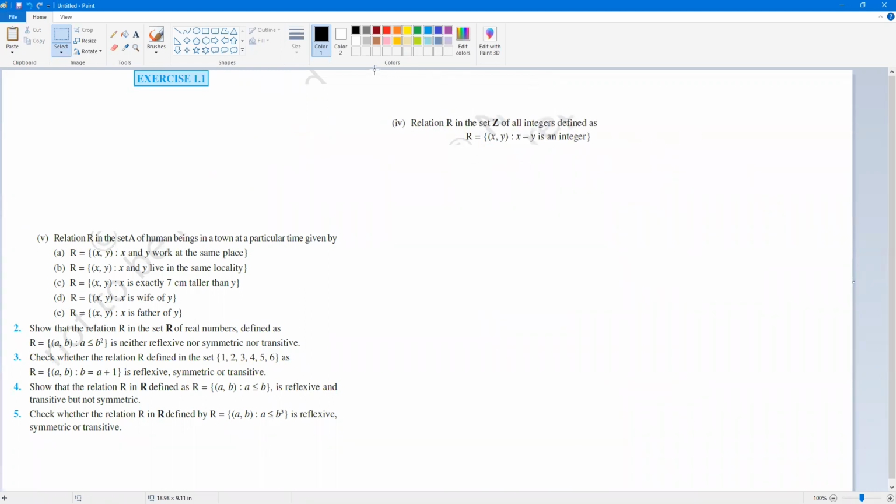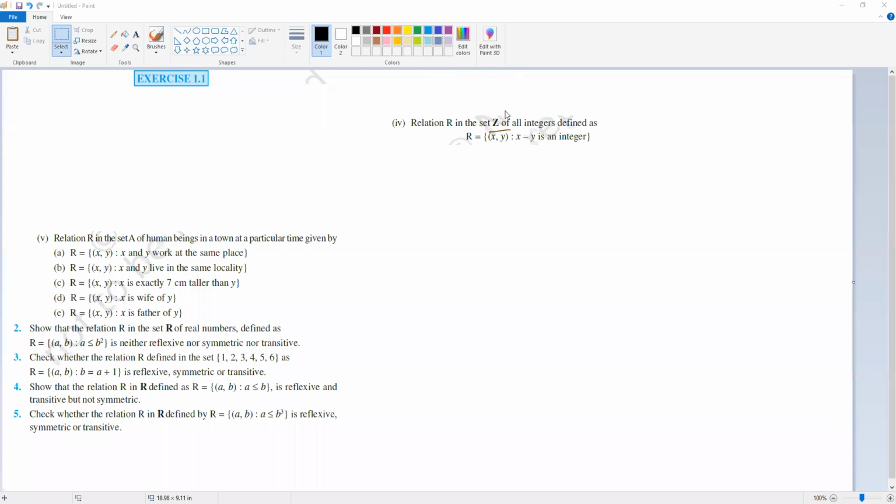Now look at this. The relation is on the set of all integers, so your set is all integers. The relation is like this: the difference is an integer. So if you write it, difference is an integer means it will be the whole Z cross Z, isn't it?